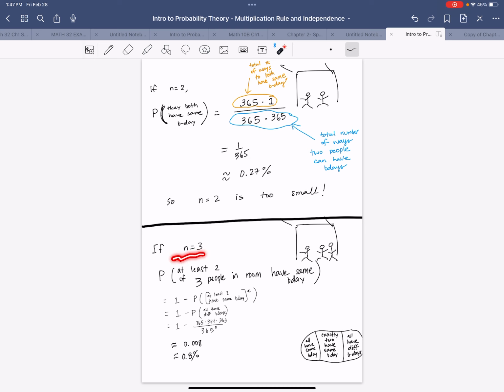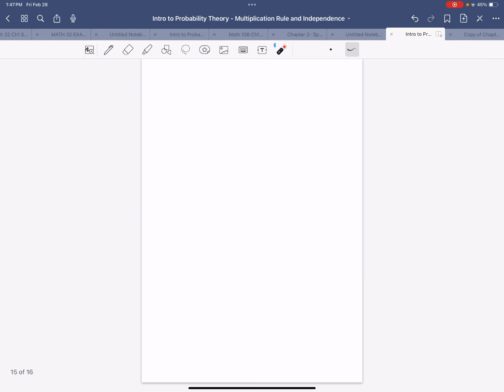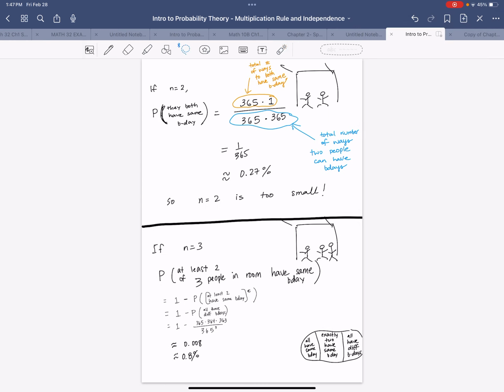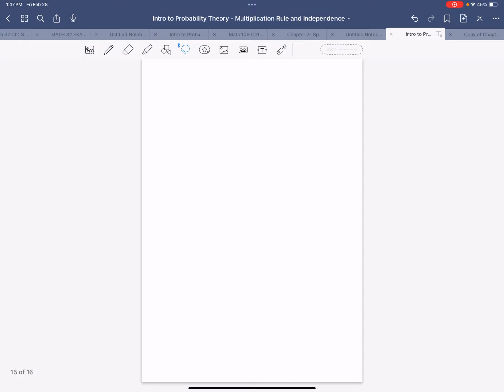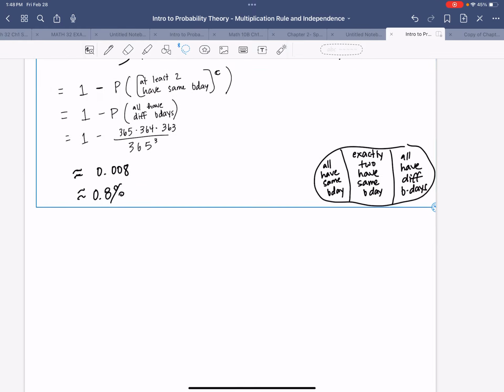And in general, let's see if we can come up with a formula for the probability given a random n, or just an n, okay? So let's add here. And I'm going to try to modify what we've done here and see if we can use this framework to generalize to the case where we just have n.